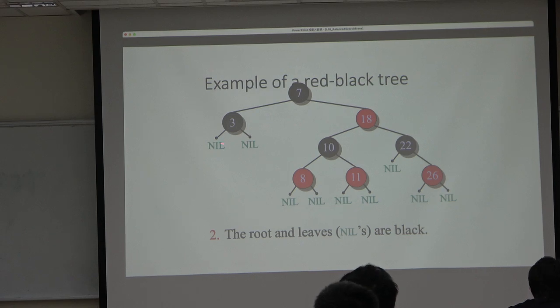We do not draw the leaf nodes, but they are black too. So you can see the root is black. Conceptually, the leaf nodes are black too.